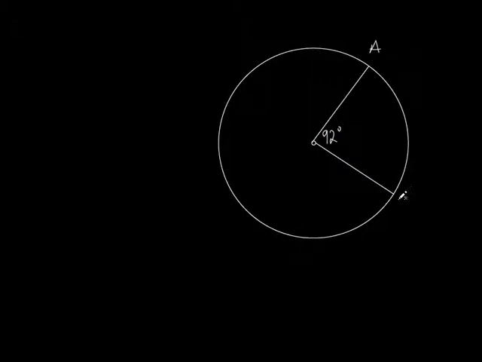And this is A and this is B. And the radius, let's say 6. So this is what's given in our circle. Now, before, in the other chapter, what did we find? We found the length of arc AB. How did we find the length of arc AB? Well, we know the angle, so it's 92 over 360.